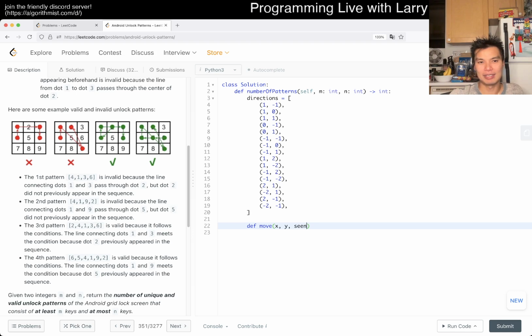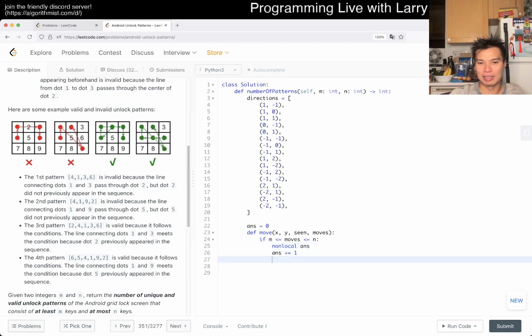And then I guess just moves. The moves is not that important because you can calculate moves from seen, but it's just a little bit easier, right? And then maybe we have answer equal to 0. If moves is between M and N, then answer plus 1.